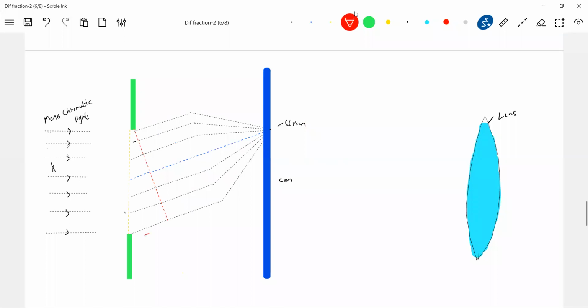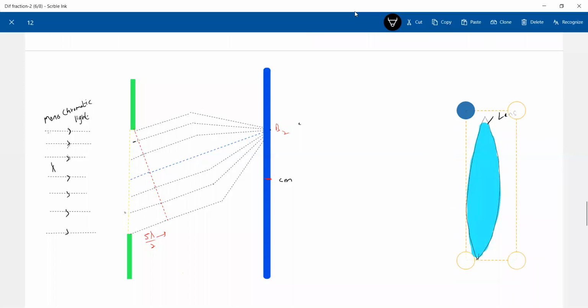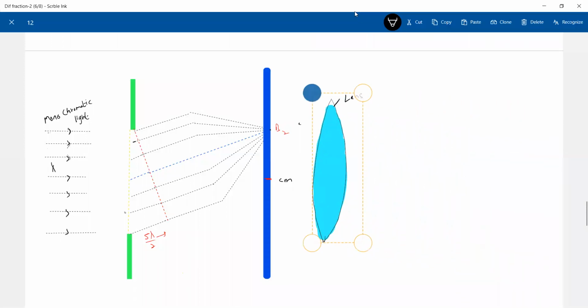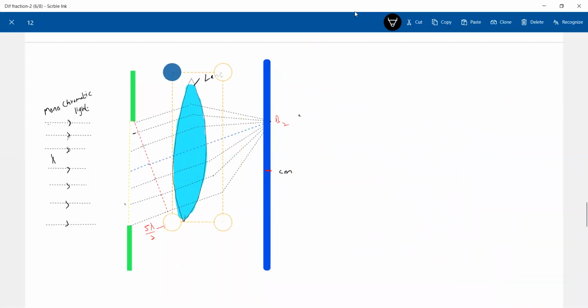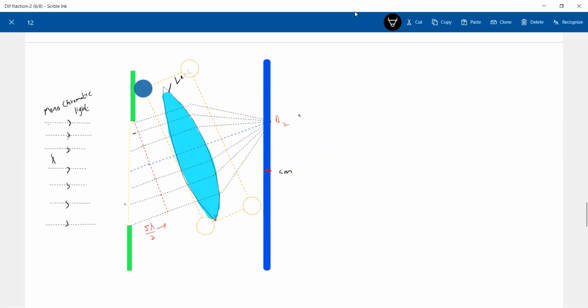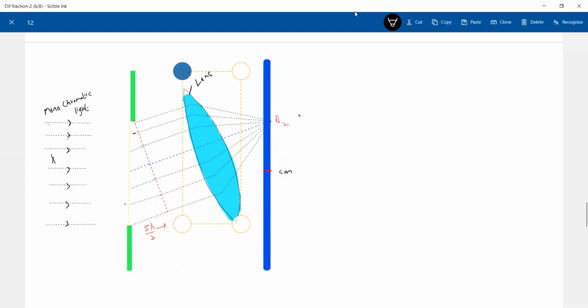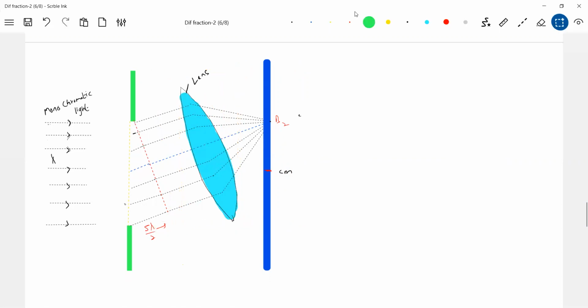So 3 lambda, and this should be 5 lambda by 2. This is the central maxima. This is B2. Five parts, no?